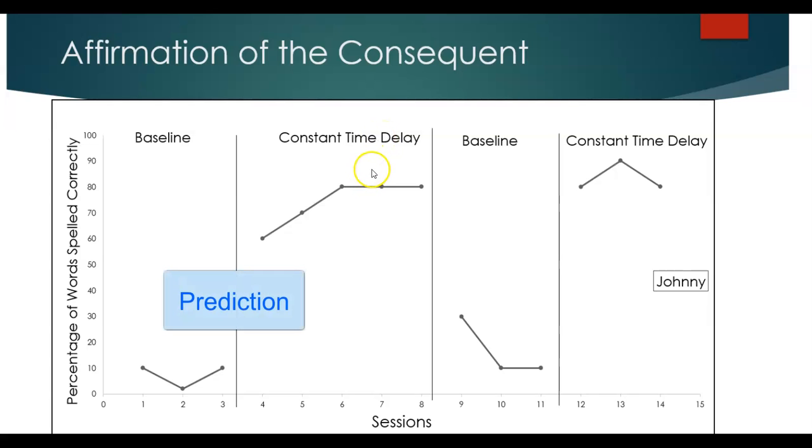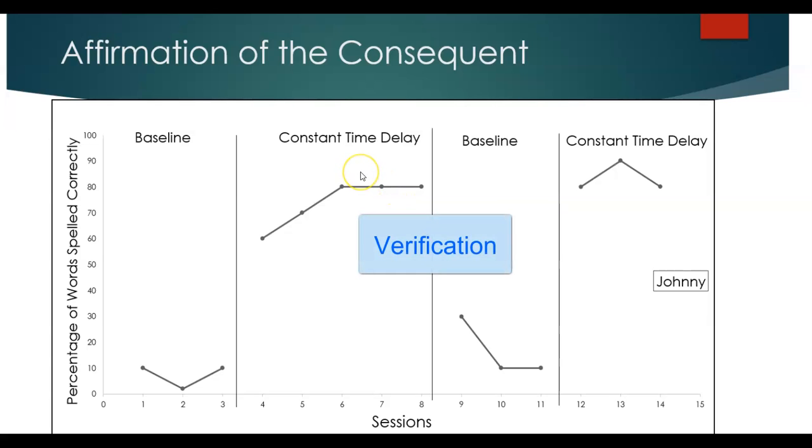Verification occurs first when the change from baseline to intervention conditions results in a change in the student responding. But then a verification occurs when we return to the baseline condition again and data return to previous baseline levels.